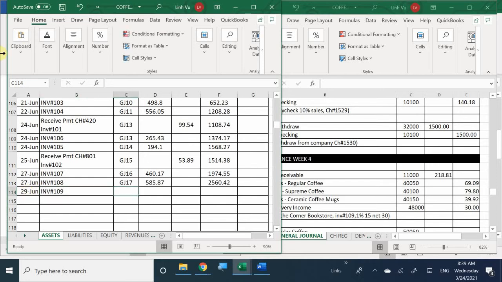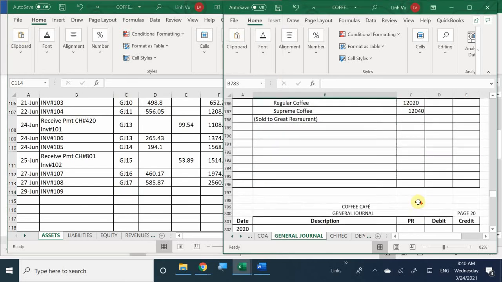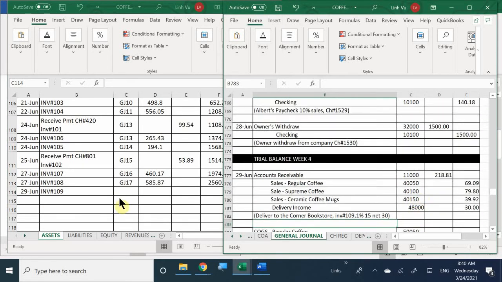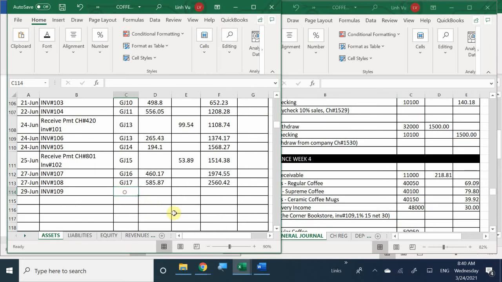General journal, what number are we on? 19. We are on 19. General journal 19, and we're going to increase it by the 218.81. So what is my ending balance? 27,759.3. Good.